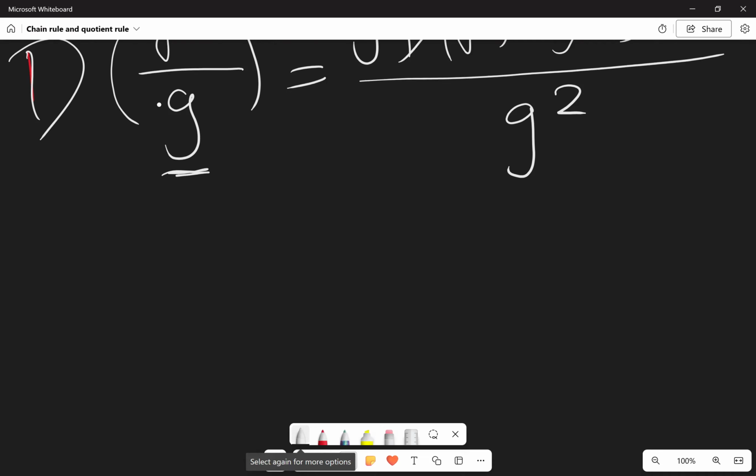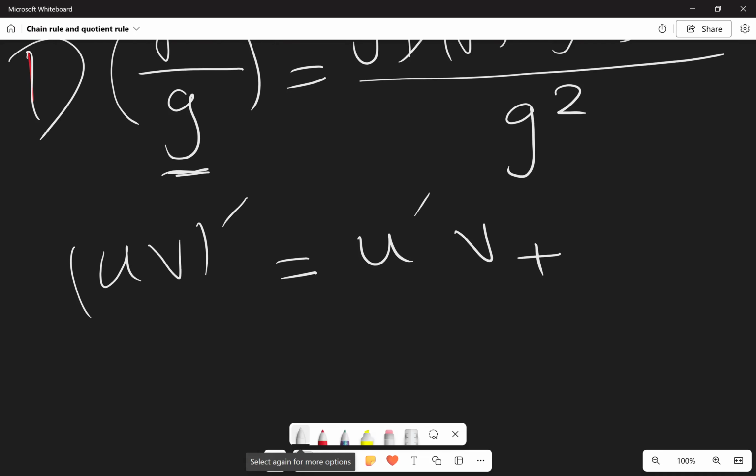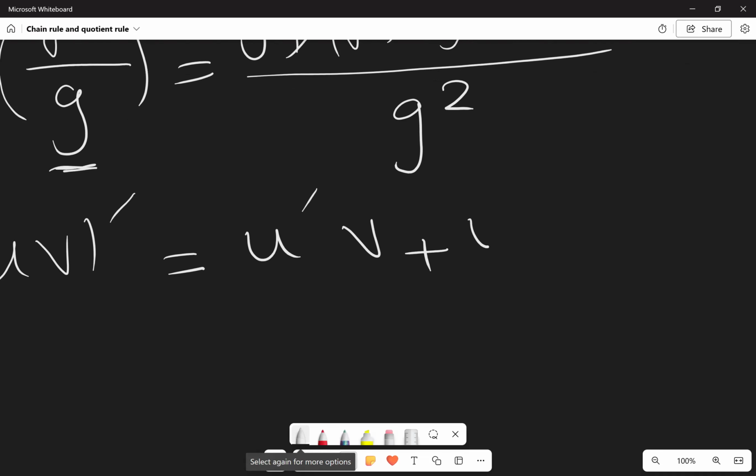So the product rule is, if we have two functions u and v, the derivative is equal to u dash, the derivative of the first function u multiplied by the other function v, plus u times the derivative of the second function v.